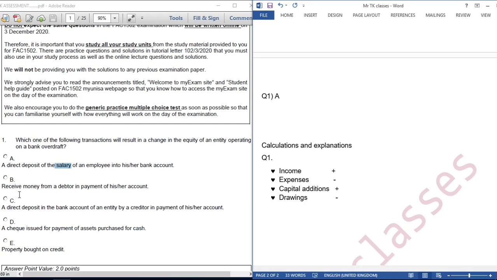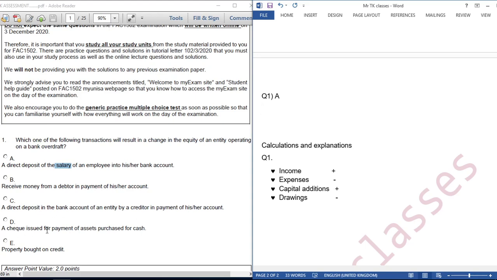Receive money from a debtor in payment of his or her account. This is a debtor paying. So the accounts affected here are bank and debtors control. So this is wrong. C, a direct deposit in the bank account of an entity by a creditor. So creditors control and the bank account, it means it's out.